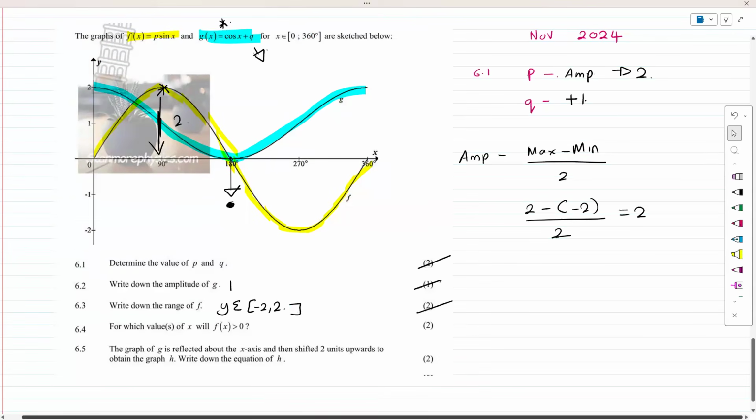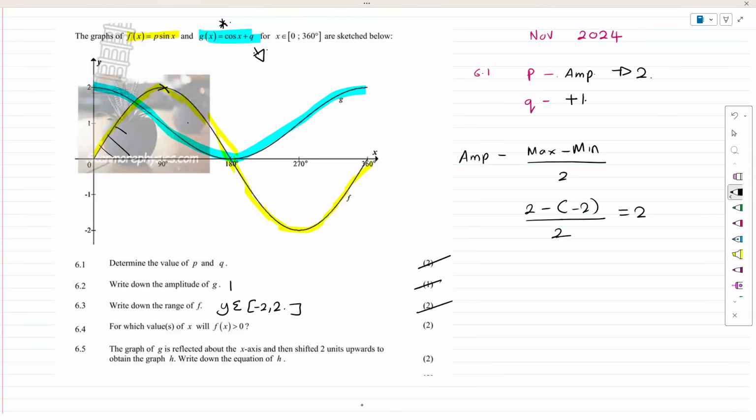For which values of x will f of x be greater than 0? Now f of x is the yellow graph, guys. And where is it bigger than 0? The only place it's bigger than 0 is here, all of this. Now, it did not say equal to, so don't get caught.